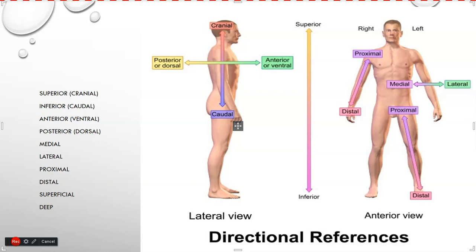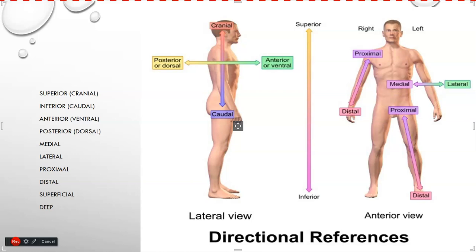The next directional reference is anterior and posterior. Anterior represents to the front, and posterior represents to the back. So for example, the belly button lies anterior to the spine, whereas the spine lies posterior to the belly button.